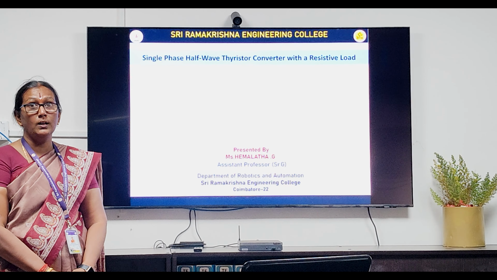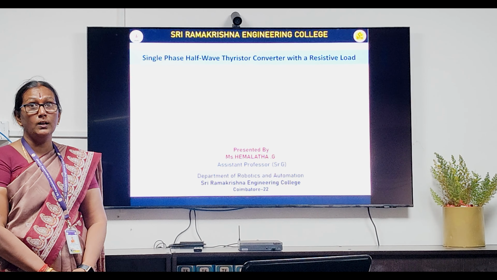Since the circuit does not contain any energy storing elements, the load current will be in phase with the voltage and becomes zero instantaneously with the voltage at zero crossing, that is at omega t equal to pi radians. During the positive half cycle, the SCR is turned on, so we get the output pulse after giving the gate pulse.